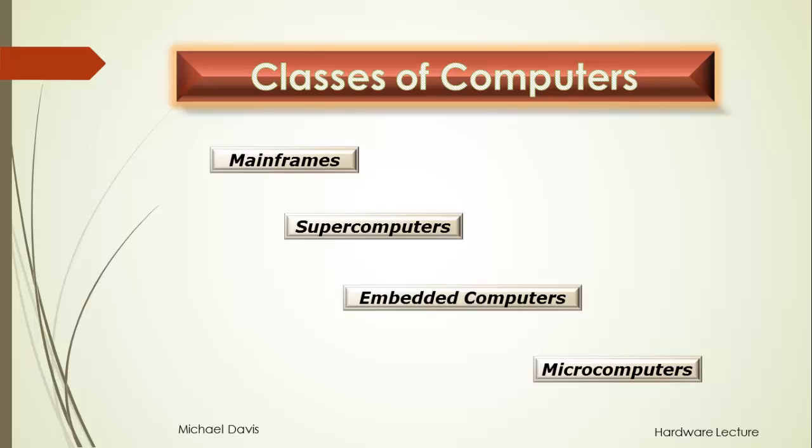Now we're going to talk a little bit about some various classes of computers. For example, mainframes. Mainframes are large, high-performance, multi-user computer systems. They've been around since the early days of computing. These are the big dogs.